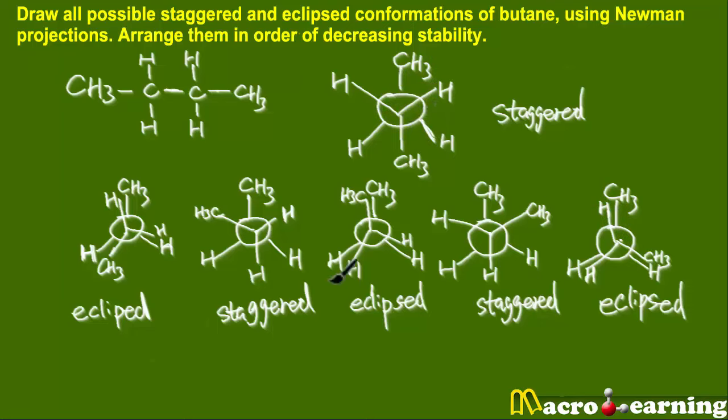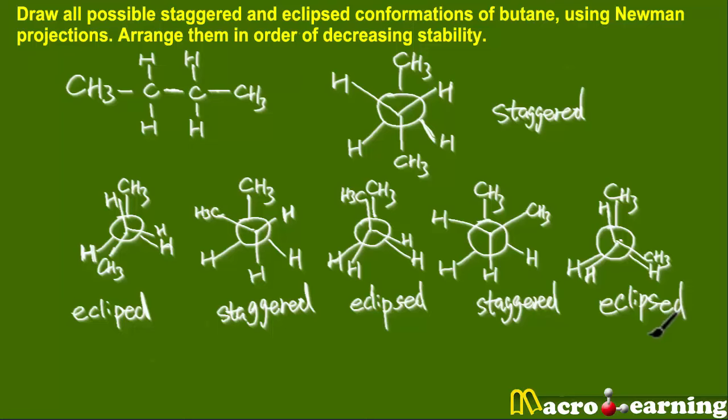So this is all we have. This is all the possibilities for only staggered and eclipsed conformations, because if you talk about other conformations, they're just, you know, limitless. The possibility is infinite. But when it comes to staggered and eclipsed, these 6 are the only possibilities we have for butane.